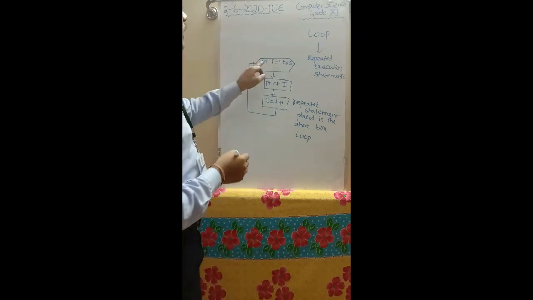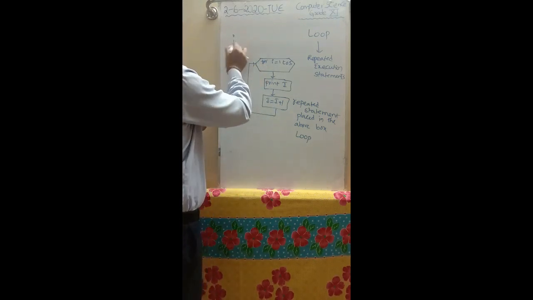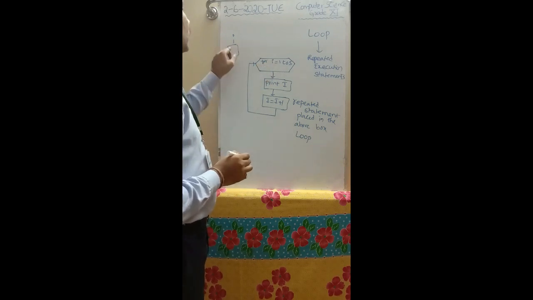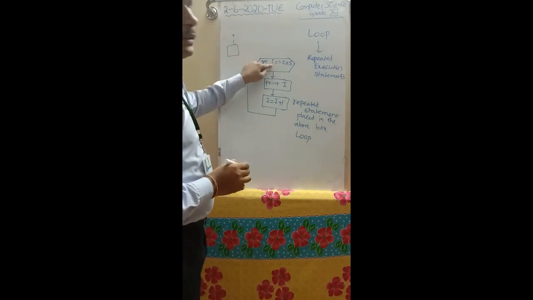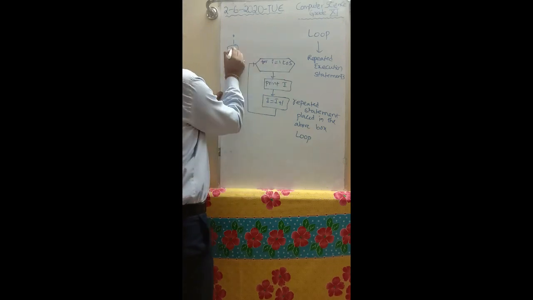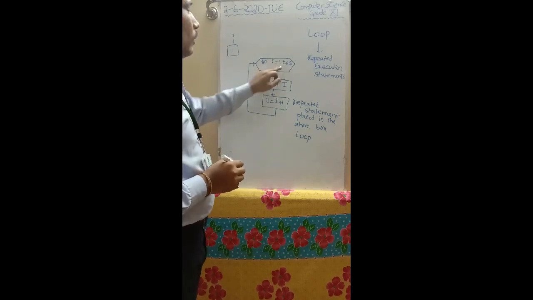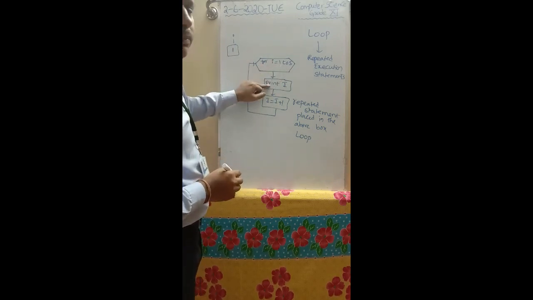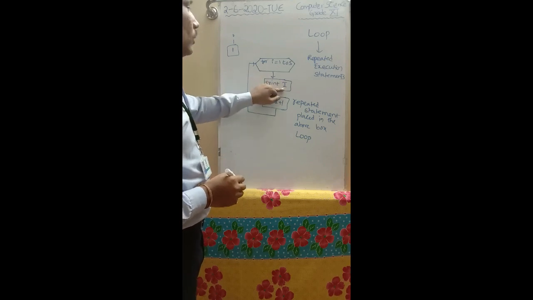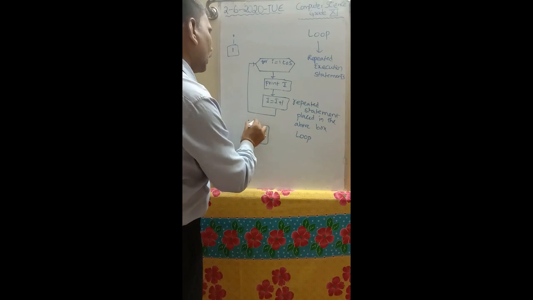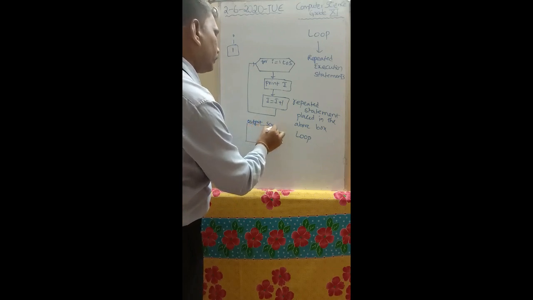Here I is a variable, and this is a loop. This loop consists of a loop control variable. This I is called the loop control variable. I initially has the value 1. Then coming to the statement print I, I can be printed on the output screen.